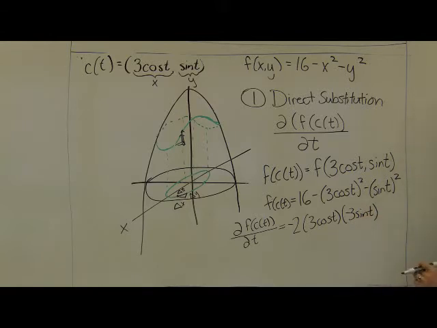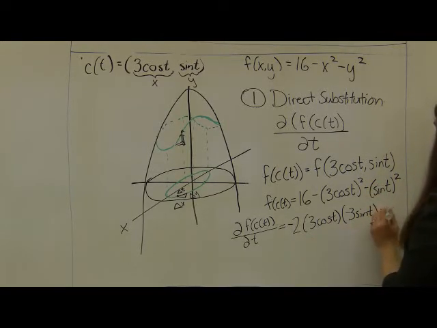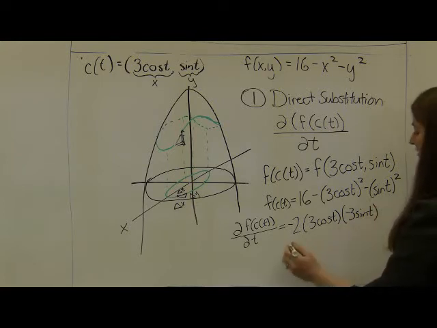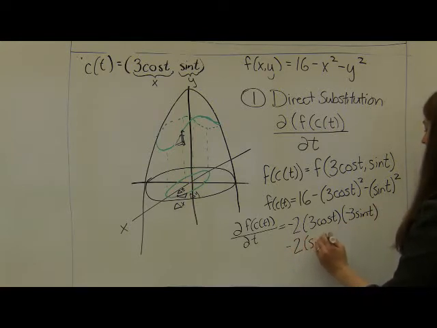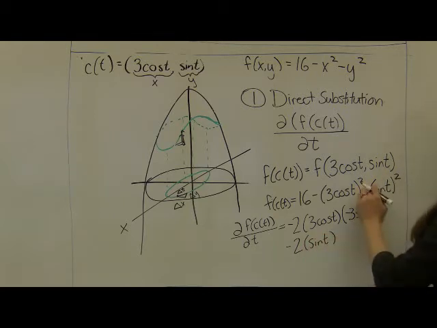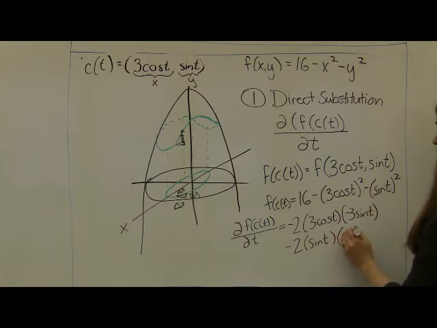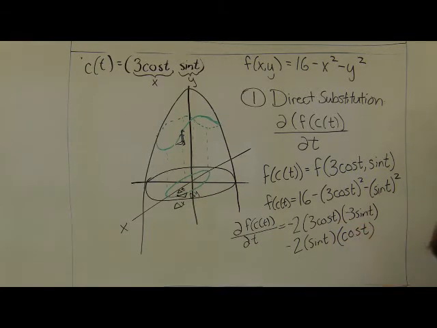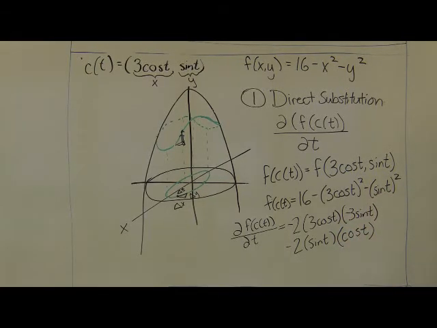Gosh, I ran out of space a little bit. And now for the derivative of my second component, again I'm going to have to use the chain rule, and I get minus 2 sine t times the derivative of the inside function. The derivative of sine of t is cosine of t. And we can do a little bit of algebra to simplify this.